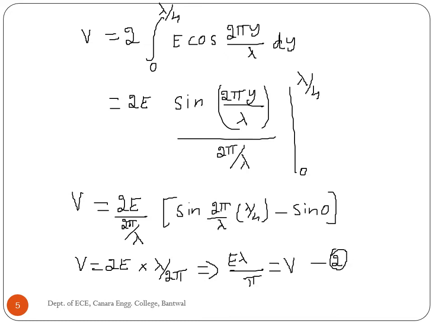Equation 2. Maximum effective aperture is given by V square divided by 4 S RR. We have induced voltage V, that is, just now we have got the answer, E lambda by pi.